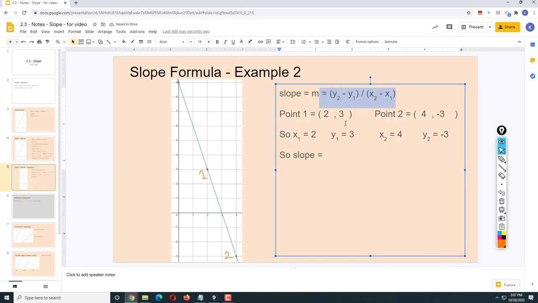We apply our slope formula. y2 is negative 3, y1 is 3, x2 is 4, x1 is 2. Negative 3 minus 3 is negative 6 over 2, so we get negative 3. And that makes sense because the graph is going down when we go from left to right.